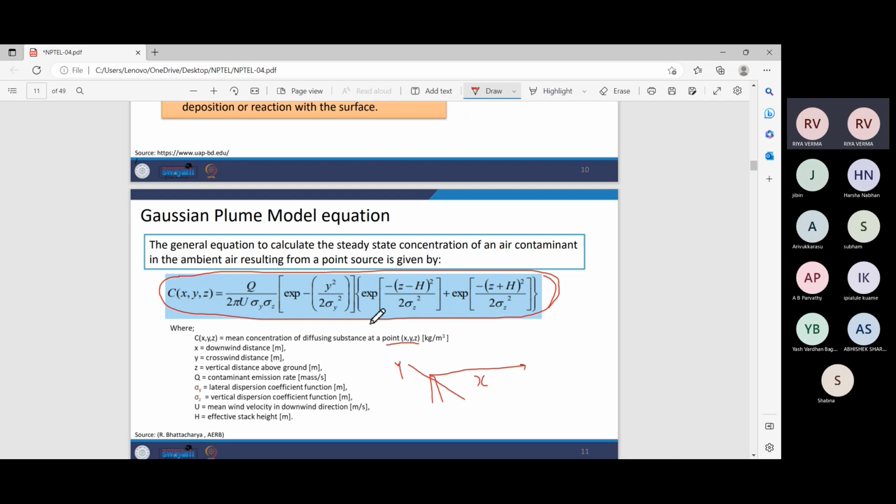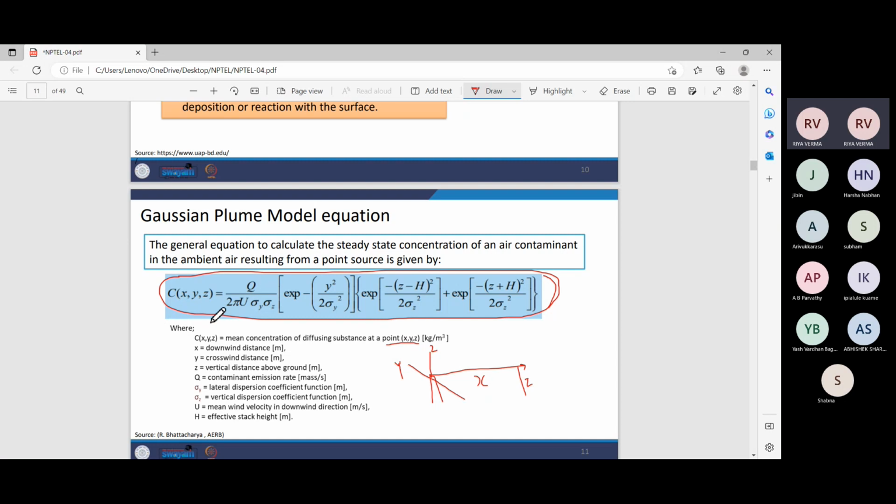And Z is your vertical distance above the ground. This is your Z. This can be your Z axis.